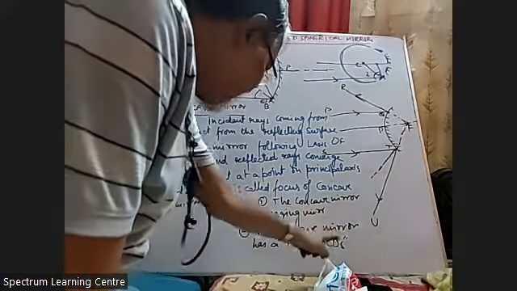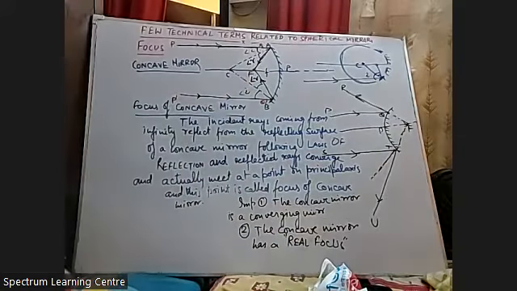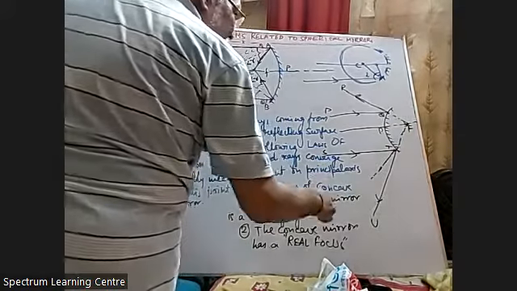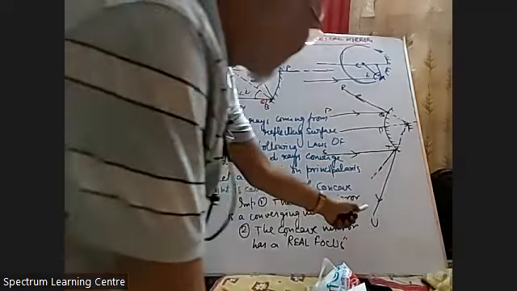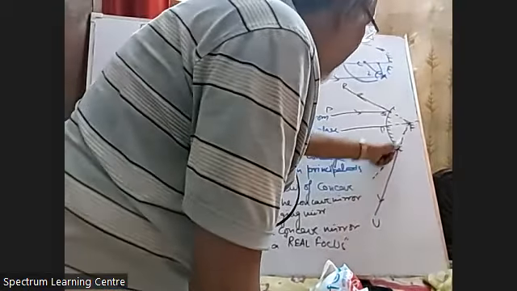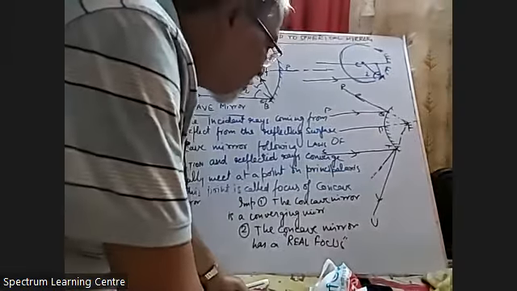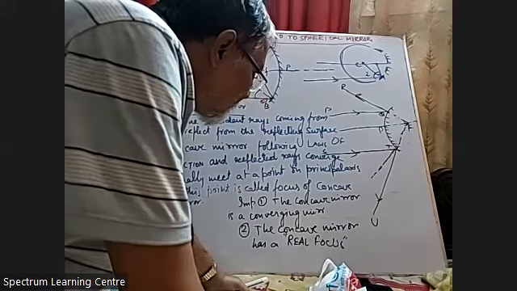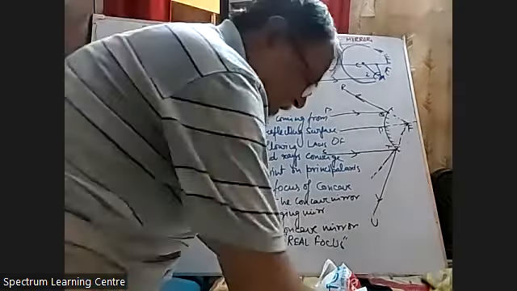The concave mirror has a real focus because the reflected rays actually meet. Tell me, can this ray TU go beyond the mirror? I will write, one second.